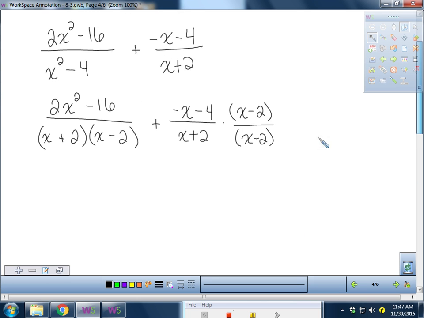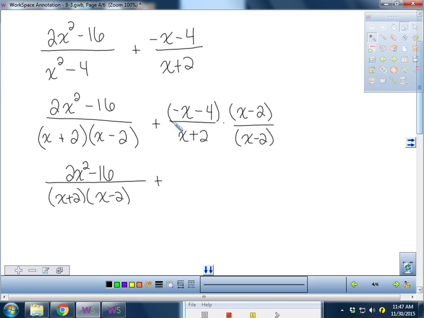So I'm going to simplify this. I've got 2x squared minus 16 all over x plus 2, x minus 2, plus, I have two things times two things, so it's probably helpful to enclose this in parentheses, and then that makes you realize that you're going to have to distribute. So a negative x times x is negative x squared.